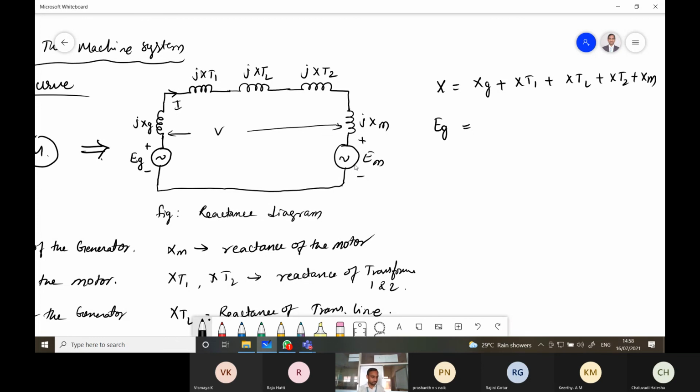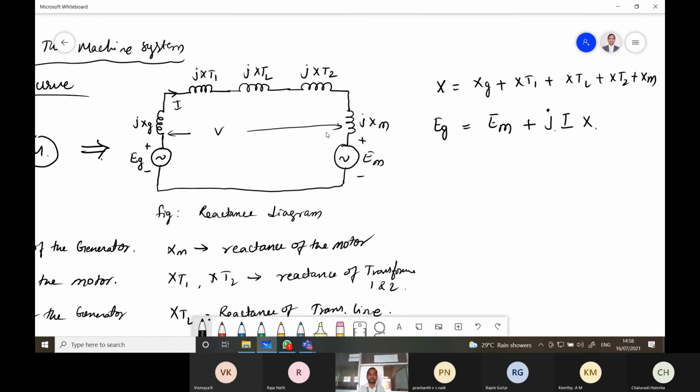Okay, so therefore Eg is equal to EM plus jIX. So this total we can consider as X. The current flowing is I. jIX is the voltage drop.